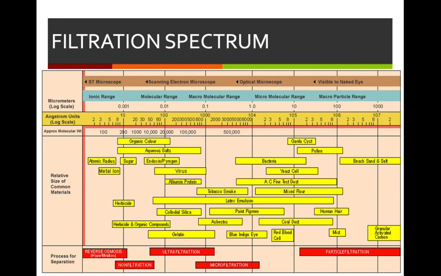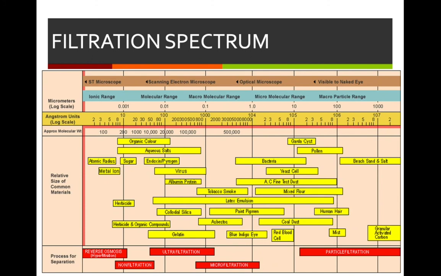These can be rejected using normal particle filtration, and the size is around 10 microns to 100 or 1000 microns. You need to see what the composition of your wastewater is and what is to be separated. Once you know the material, you need to identify what size it is, and once you identify the size, you know which membrane to use.